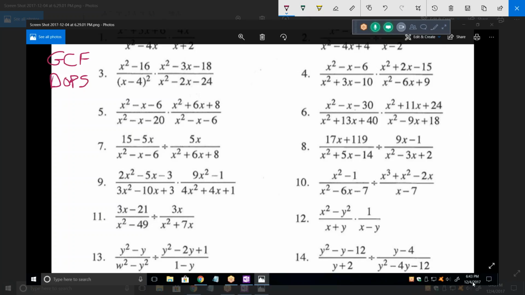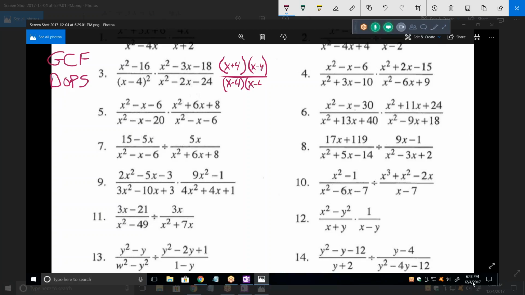So how does that factor? I'm going to write it over here. x plus 4 times x minus 4. Okay, good. And then the denominator. Can't you not factor that? Leave it like that, but it actually makes more sense if I write it like this.